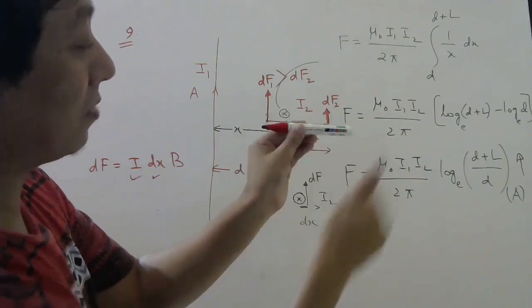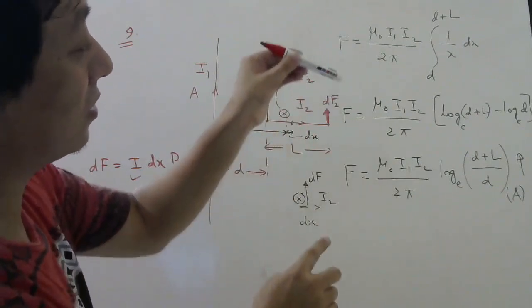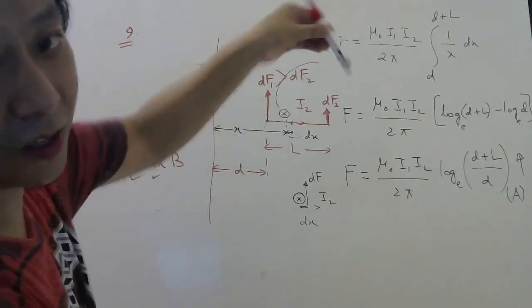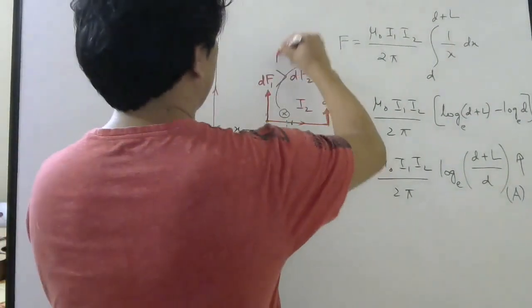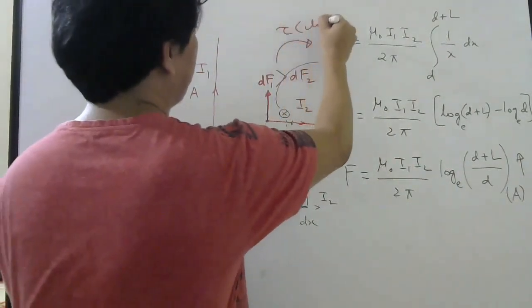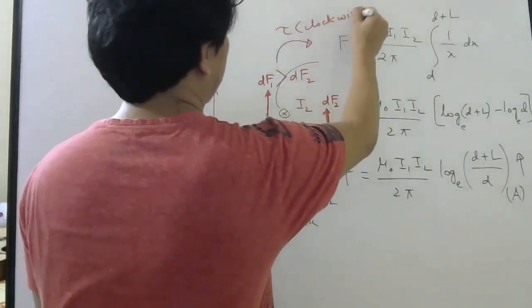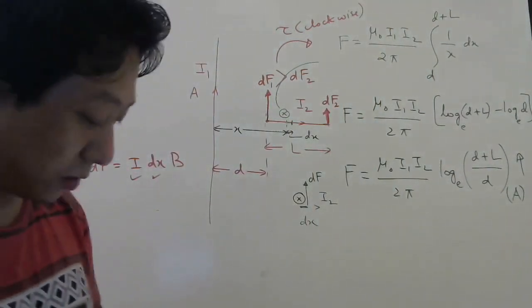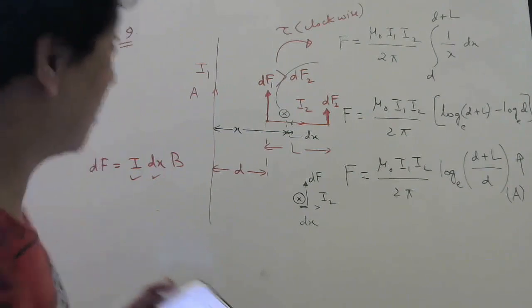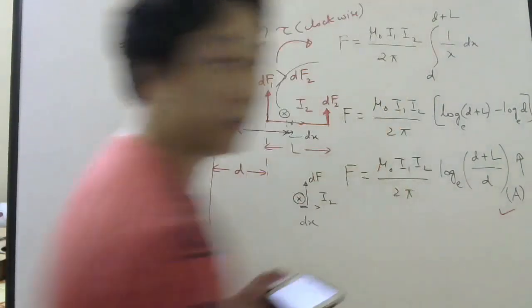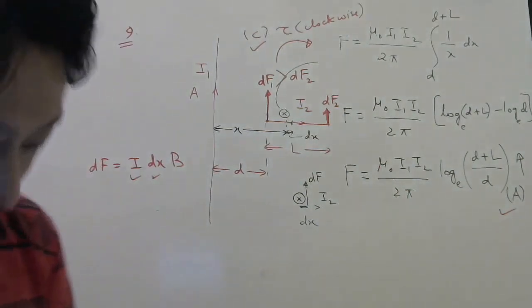After some time this part will cover more distance than this part. So it will turn like this. Understood or not? So the whole thing will feel this kind of torque, which means clockwise. So it will feel a clockwise torque. Option C. So option C is also correct. Option A is also correct. Fine, students, be careful about this question.